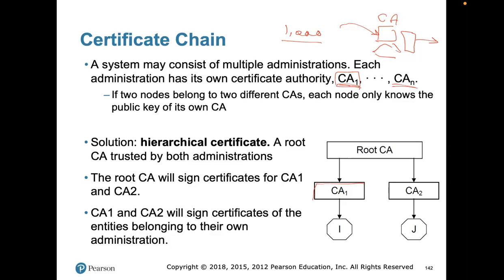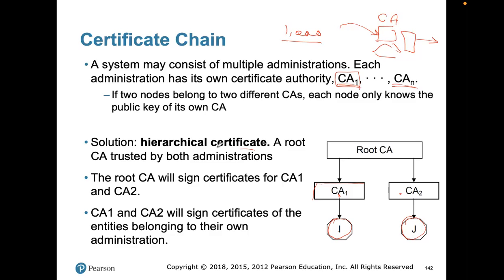But we have situations where, for example, I and J want to share keys. One of them wants to send his public key to the other, and they are not under the same CA. I is working under CA1 and J is working under CA2. What should we do? How can we have them exchange their keys?